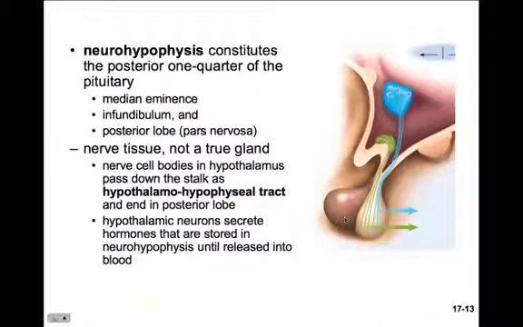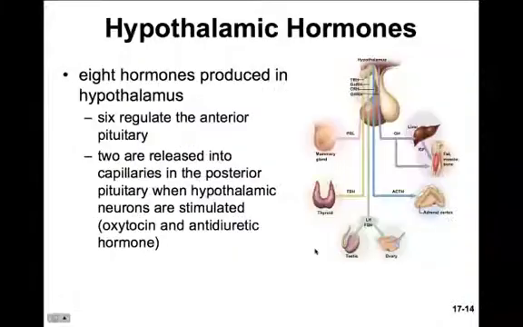So in essence, the posterior pituitary is much more simple. Make sure you have this relationship clear in your mind and clear on your paper as you diagram it. It's going to be integral to your understanding of the rest of the content of this chapter, as well as much of the content that you'll run into next semester.